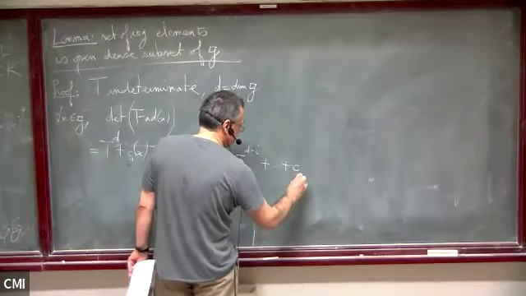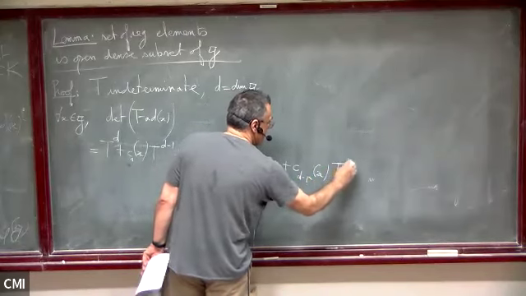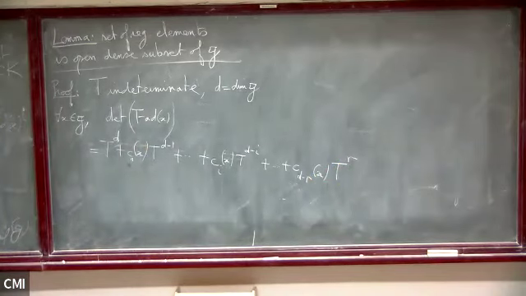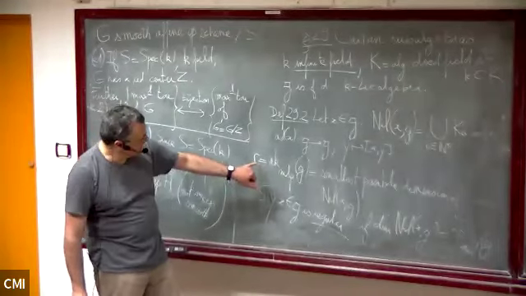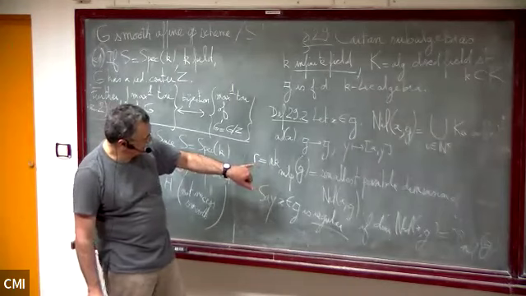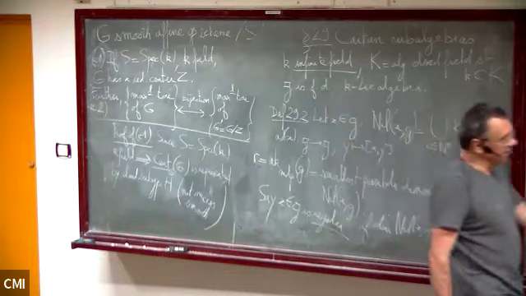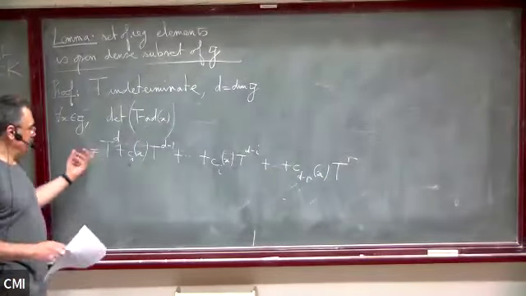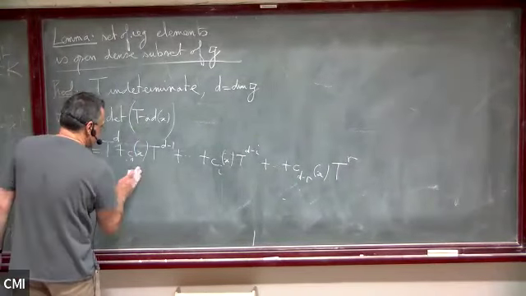If we call r the nilpotent rank, this is the largest r such that T to the r divides this polynomial.